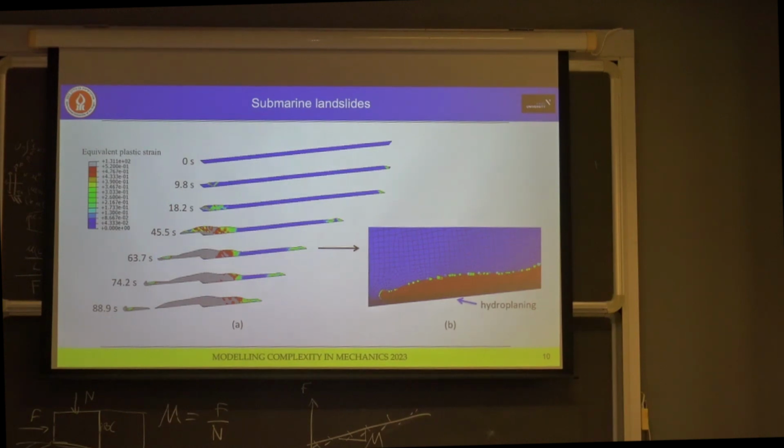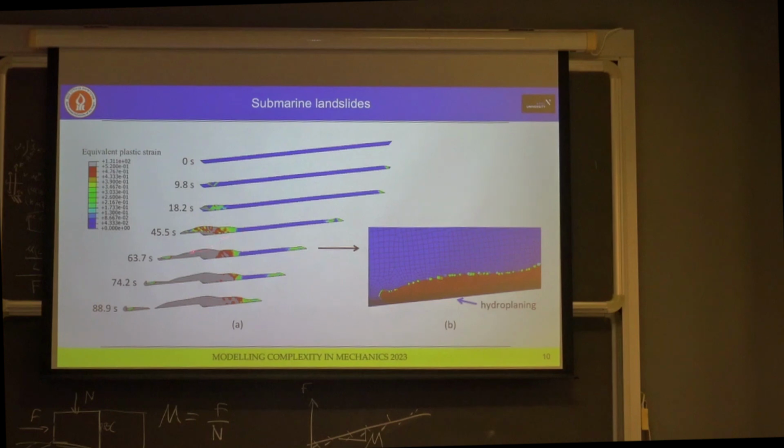But the landslide can also be on the order of meters. Yes, it can be also small. But the geologists and geomorphologists who are studying the consequences of those landslides really like what they see here.